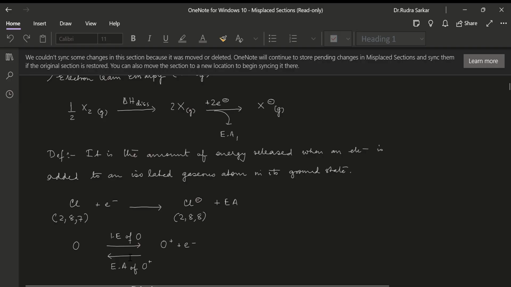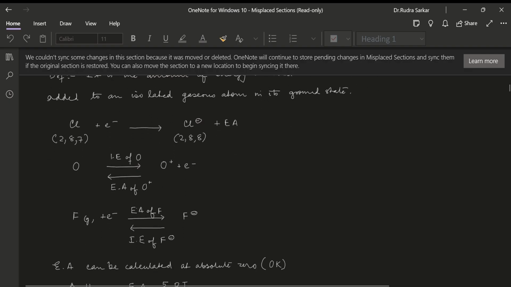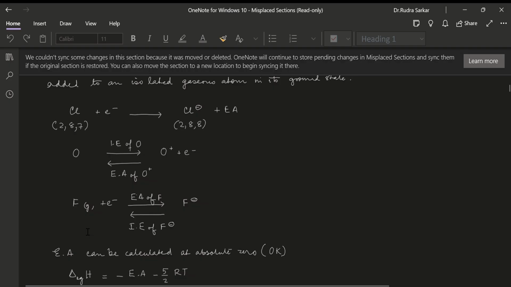And if you do the reverse of it, going from O plus to oxygen, that is the electron affinity of the O plus cation. We can do a similar example of the fluorine isolated atom, which when an electron is added becomes fluoride, again an octet, so this is again an exothermic process. If we do the reverse, that's an endothermic process.